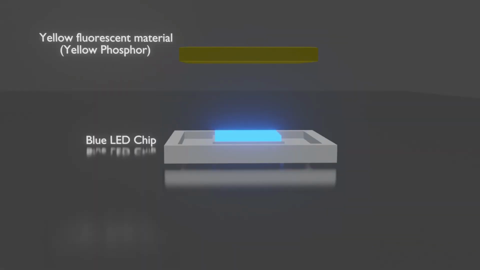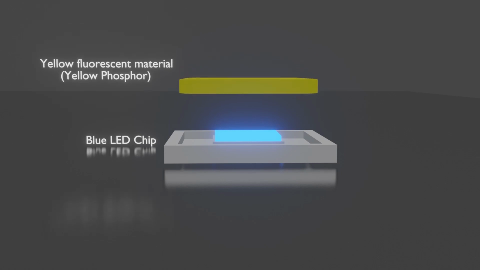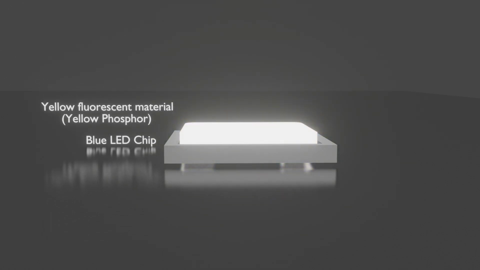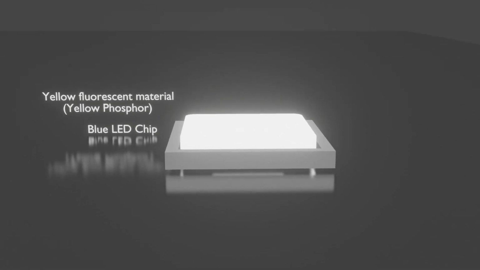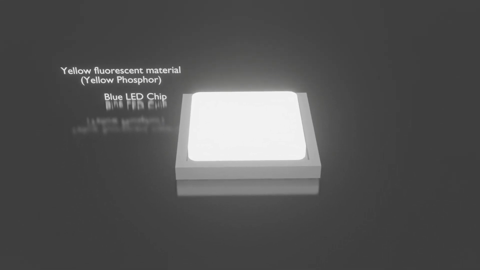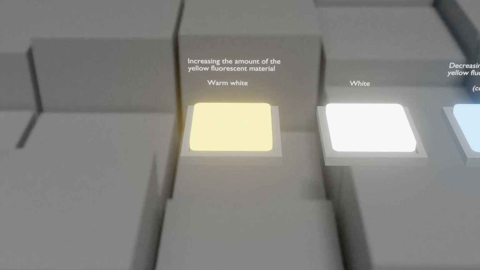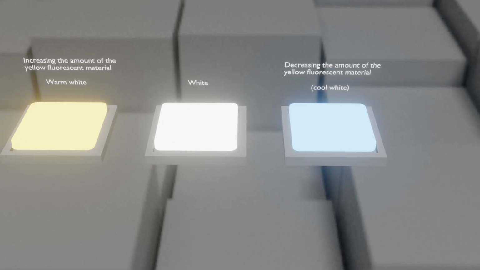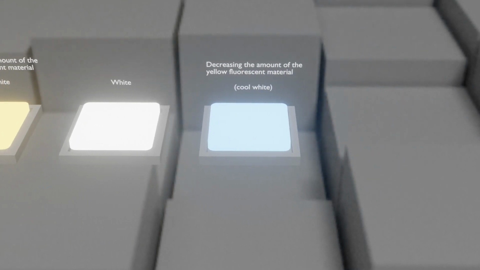Using these characteristics, if a fluorescent material is applied with an appropriate thickness on the blue LED chip, the yellow light emitted by the fluorescent material that absorbs blue from the chip is mixed with the blue, so that white light is emitted from the LED to our eyes. If you increase the amount of phosphor, you get a warm white color, and if you decrease the amount of phosphor, you can make a cool white.